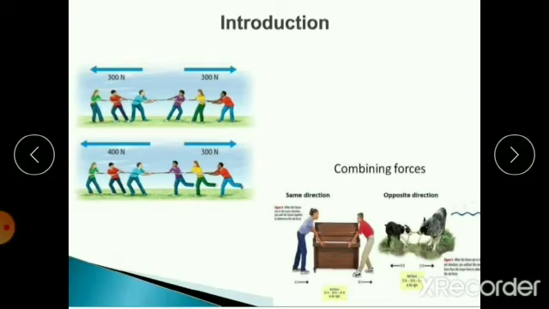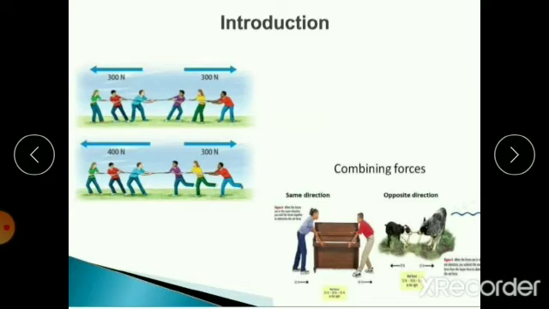Because the resultant force is 0. If one member of a team slips or loses grip, then the other team will be pulling with a greater force. For example, 300 Newton this side and 400 Newton this side, who will be moving? The team with the 400 Newton will be pulling this side, right?